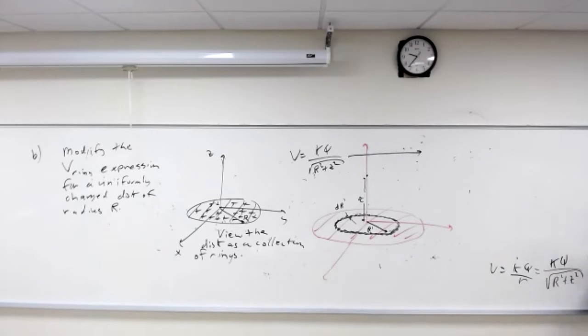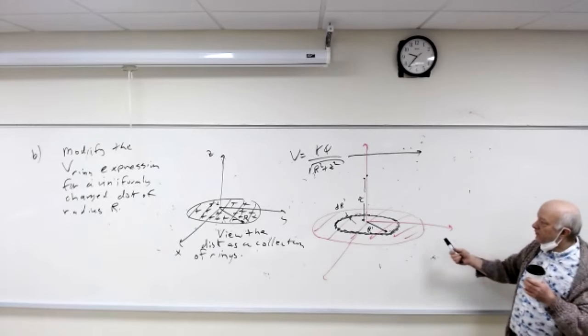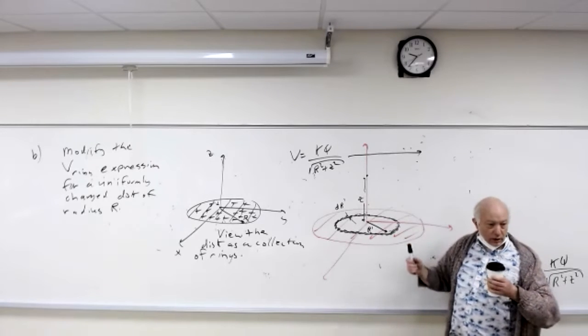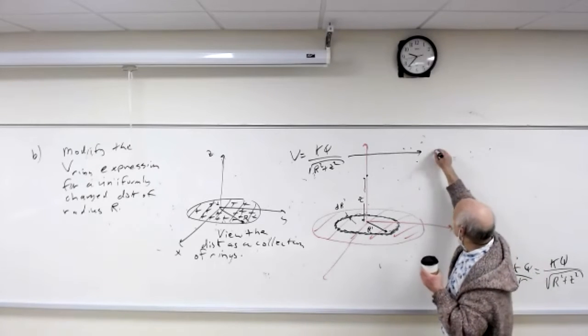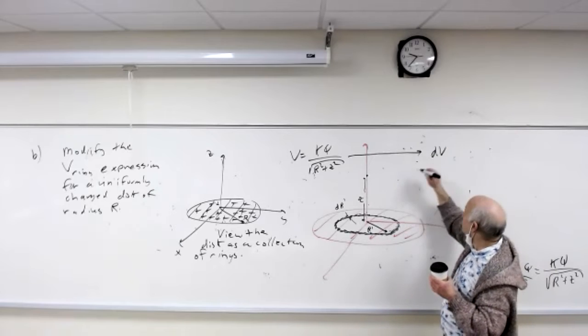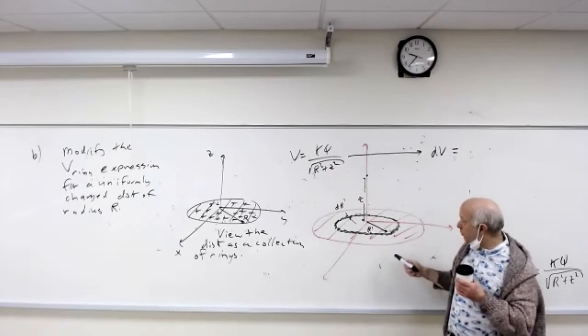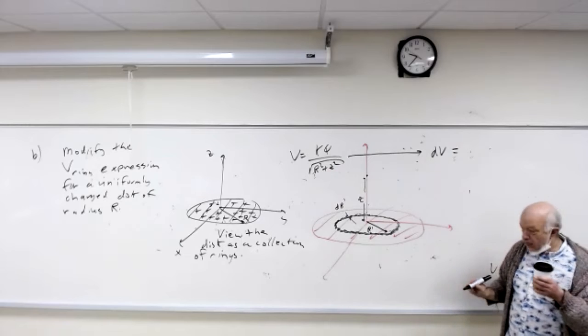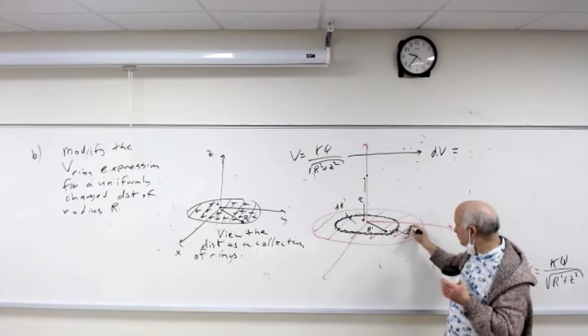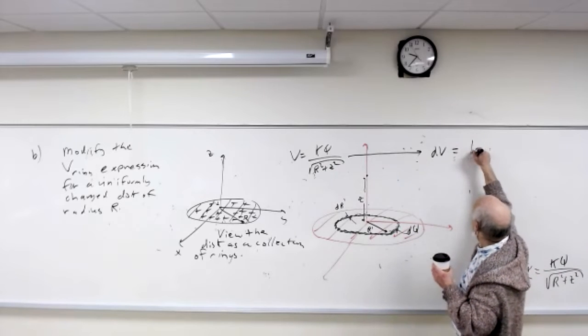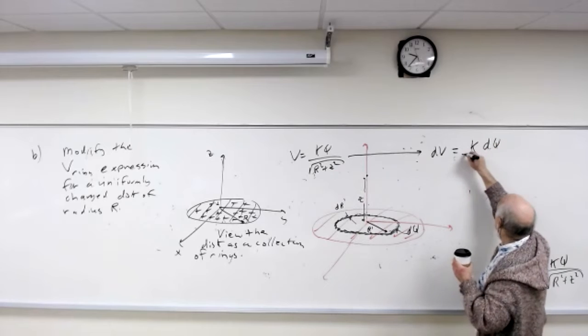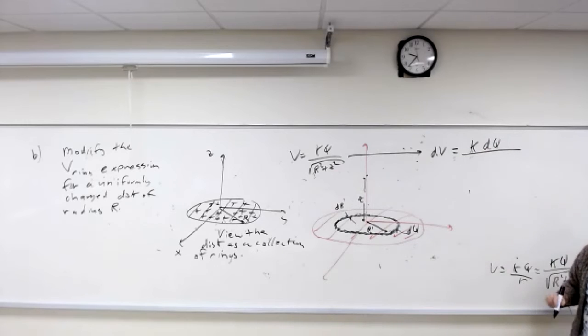Okay, so modify this. I'm not going to call this V anymore from the string. I'm going to call this dV because it's going to be a tiny part of the voltage at this point here. Now modify this expression. This Q here is the charge in the ring. What's going to be the charge in my ring here? dQ. I'm going to call the charge here dQ over R prime squared.